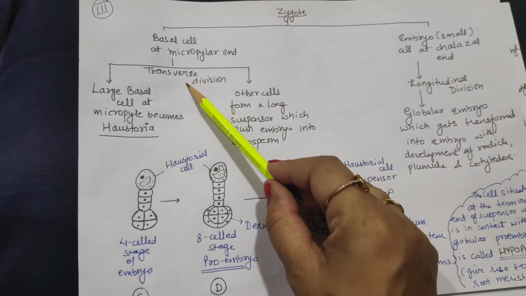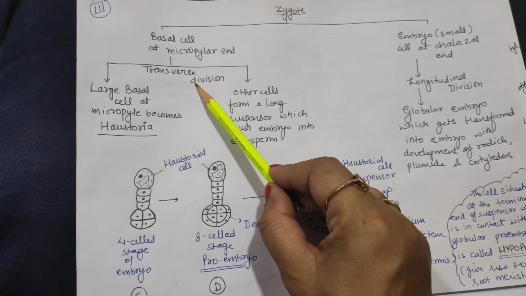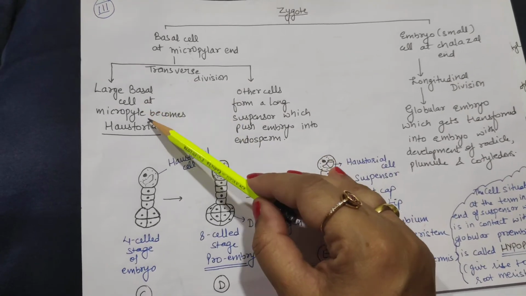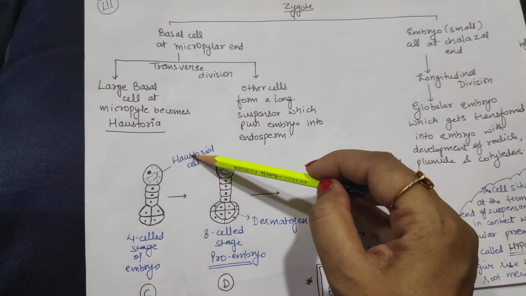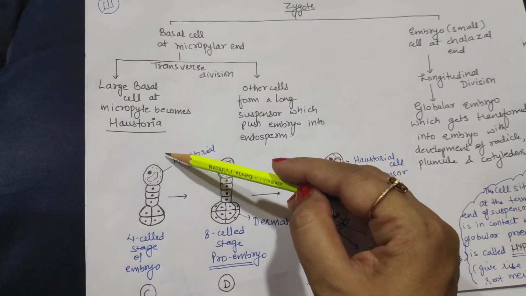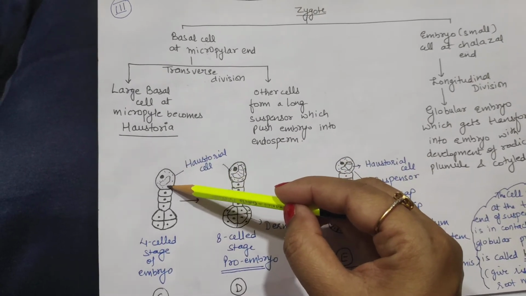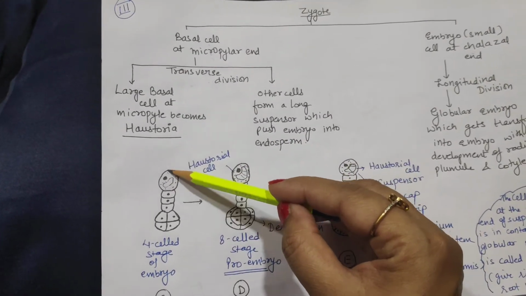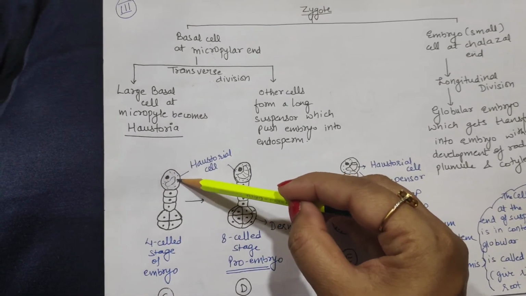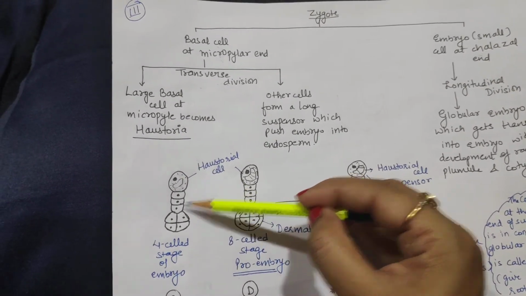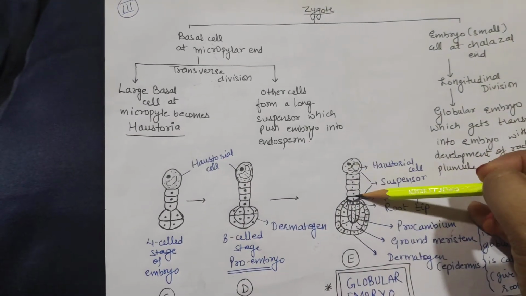Now in the suspensor cell there is transverse division. Transverse division continues. One is a large basal cell which is always towards the micropylar end. So the one cell at the basal site, towards the micropylar site, is the large cell, whereas the remaining others are small cells.